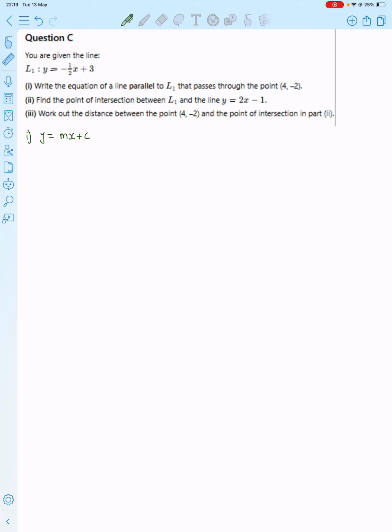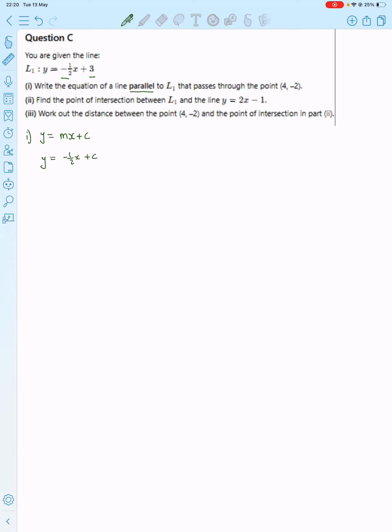If it's parallel to L1, well, the gradient of L1, because it's in the form y equals mx plus c, is minus a half. When lines are parallel, they have the same gradients. So we can say that y equals minus a half x plus c for our general equation.